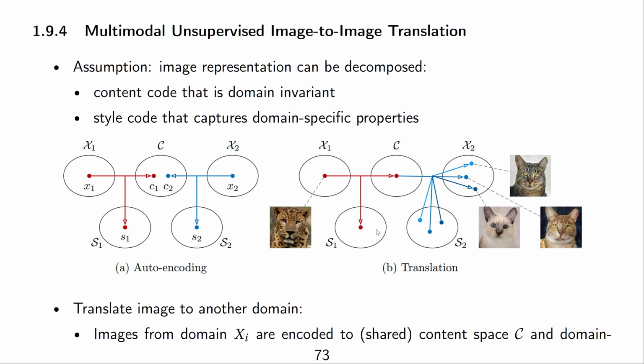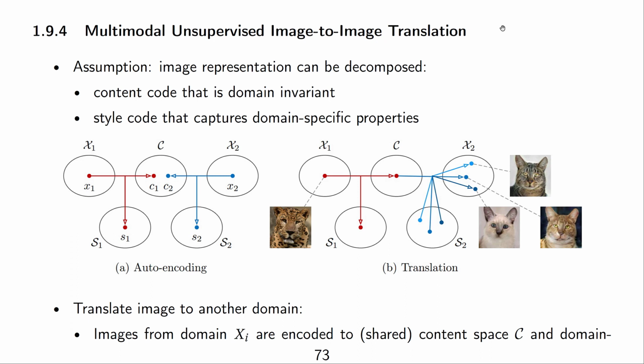So we kind of skipped a lot of the details. We just want to look at these papers on a high level. Next, we want to look at this paper about multimodal unsupervised image-to-image translation. One problem with the previous paper was, first of all, the quality was not that great, and second, each input would only generate a single output.